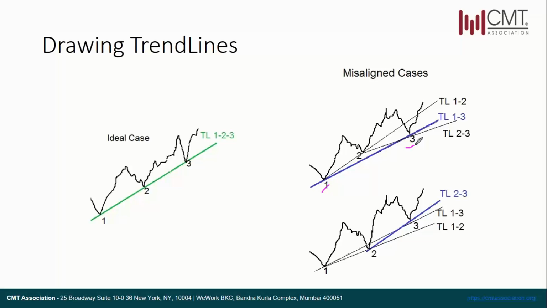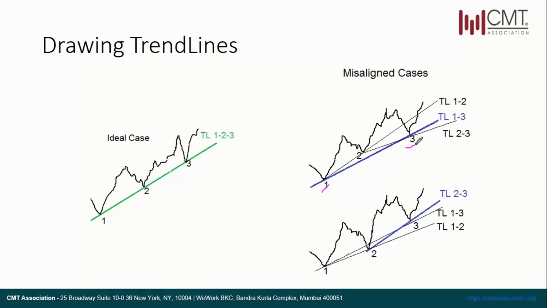Now, the idea of a trend line is to actually take care of all the points which should lie above the trend line. As long as all the lows are above the trend line, that emphasizes the validity of the trend line. As long as your points are above the trend line and not puncturing through, the validity of the trend line would be there.